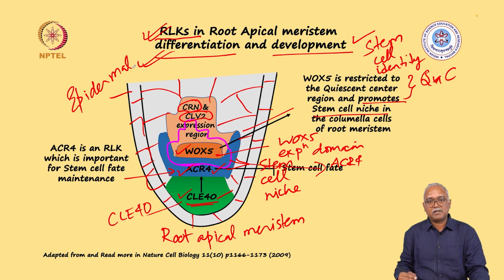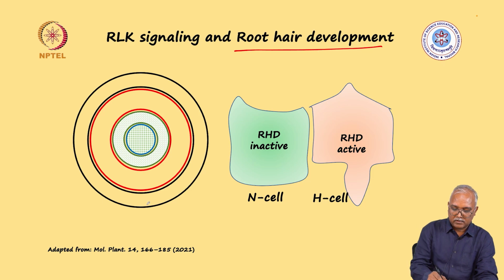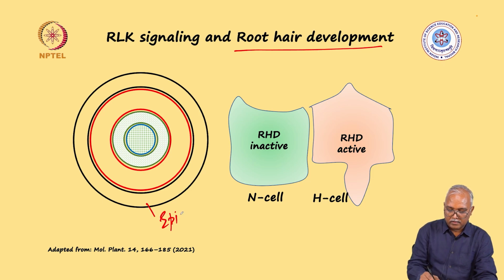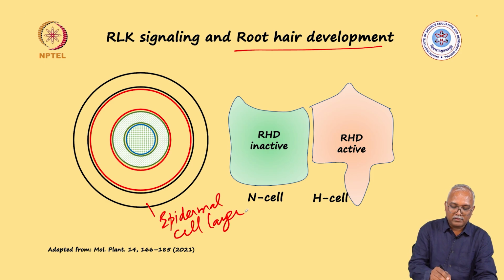And from these epidermal cells only you will have a particular cell which is differentiating as a root hair cell. So if you look at the cross section of a root, this is the outermost epidermal cell layer, and below that you have the cortical cell layer or cortex cells.